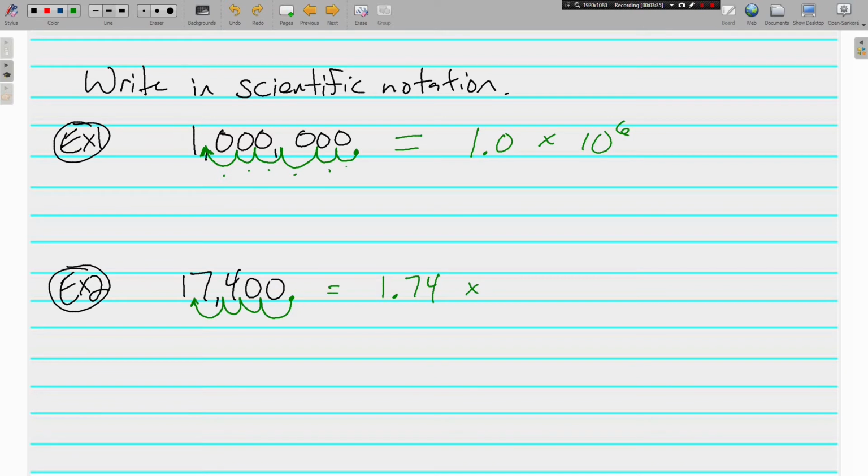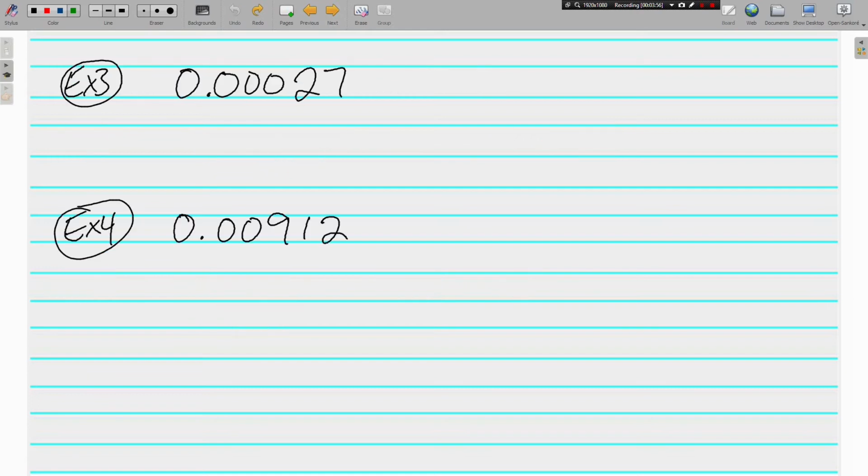And I had to move that decimal 4 times, so times 10 to the 4th power. Again, this is standard form on the left, scientific notation on the right. It's a different way of writing really large numbers and also really small numbers.